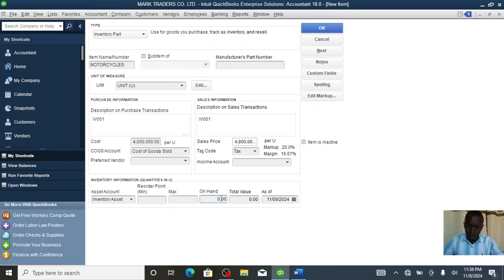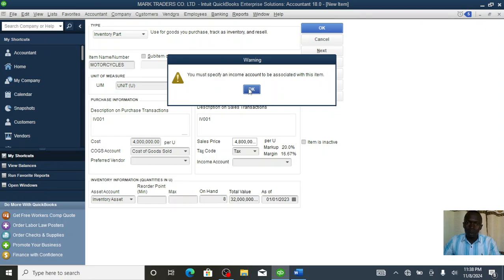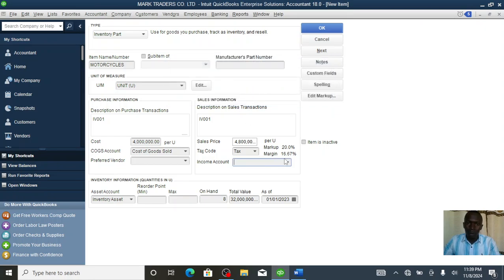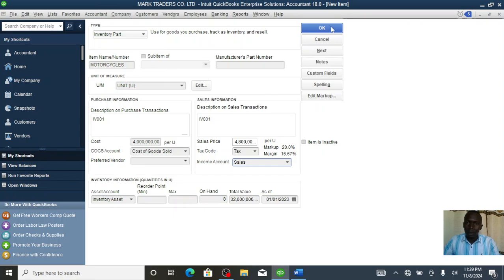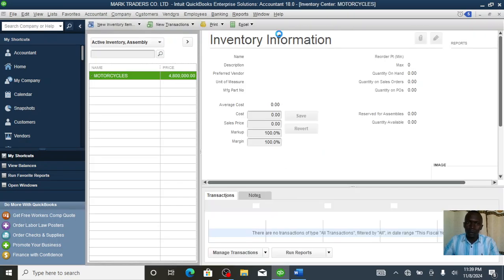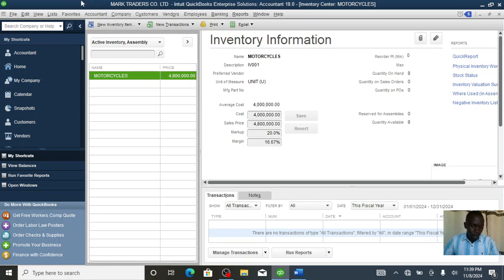So on hand we have 8. Our date is 1st January 2023. Then okay. We choose income account. It is under sales. Then okay. Then we go to the next item.